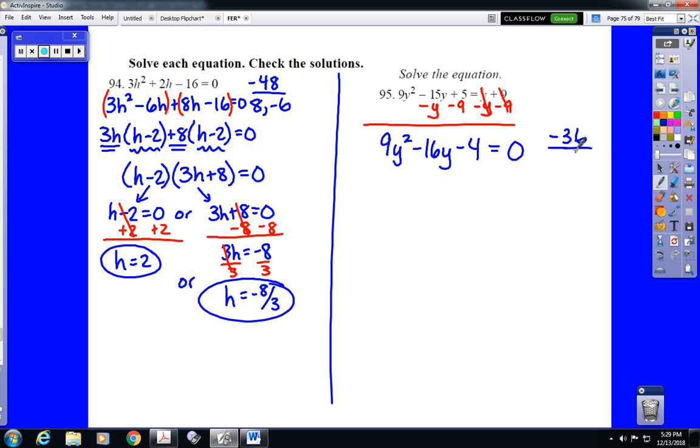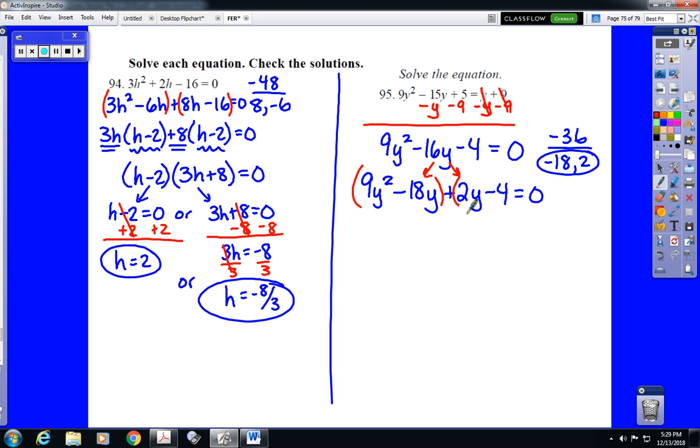I'm looking for two numbers that multiply to negative 36 and add to negative 16. That would be negative 18 and positive 2. So I'm going to break that middle term up into a negative 18y and a positive 2y. Again, I'm breaking that middle term up into two separate terms.